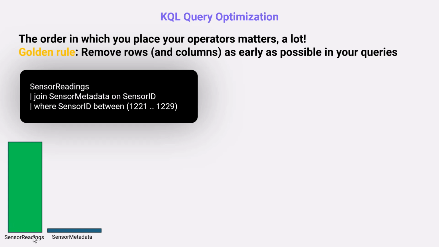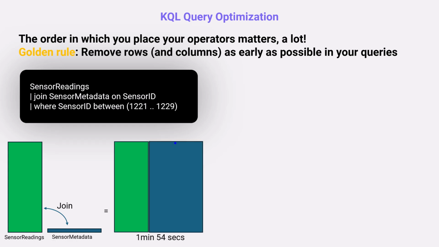Let's take an example. Here we've got sensor readings, which is one data set, and sensor metadata. Now, sensor readings has way more data in it. It's IoT sensor data, and the sensor metadata is just data about each sensor. Let's say we wanted to join these two data sets like so, and then we wanted to perform a where statement. So we want to filter the output for just a few different sensors, like between this range here.